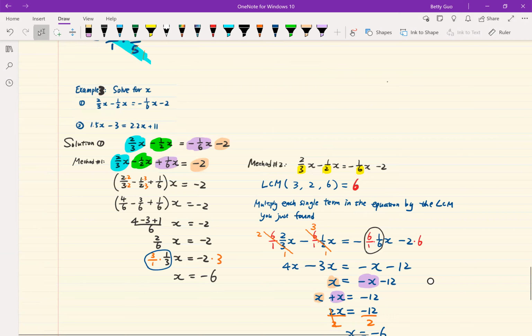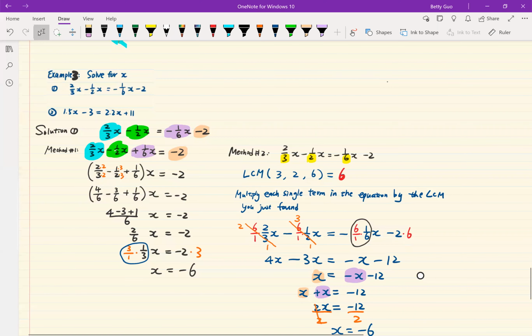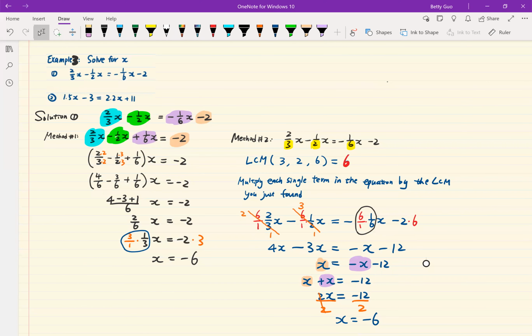Method 1, method 2. Okay? You can take a quick picture of this example. I would recommend that you repeat this example. All right, let's move to number 2.